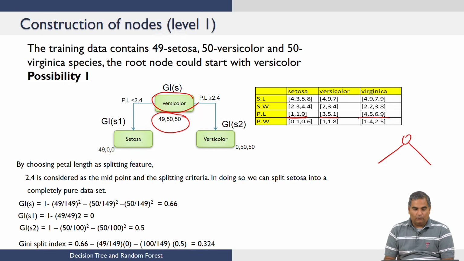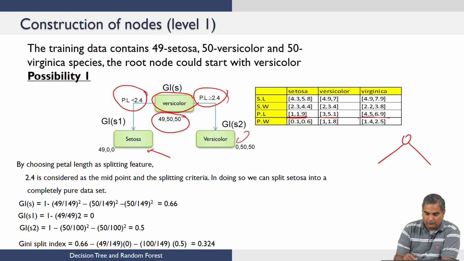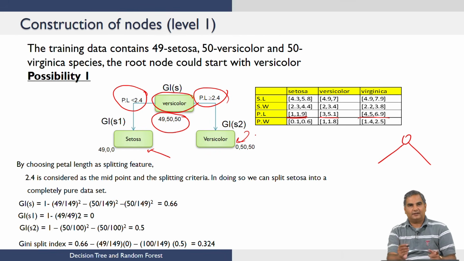One value you can take is roughly in the middle of 1.9 and 3, so that you get good classification. So you might say if petal length is less than 2.4, go to this node, and if petal length is greater than 2.4, go to this node. If that is the decision that you are making, then let us see how the data will get partitioned.